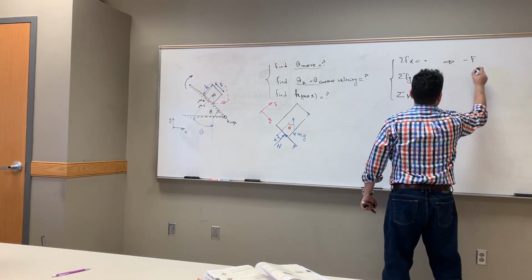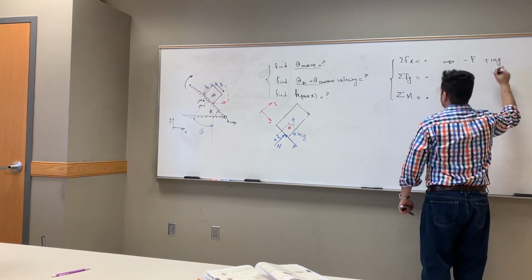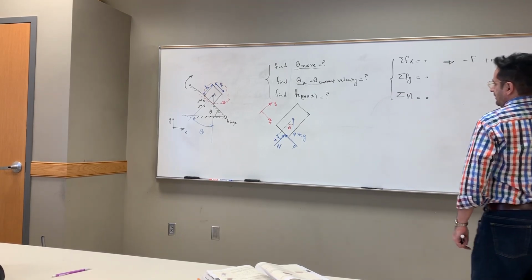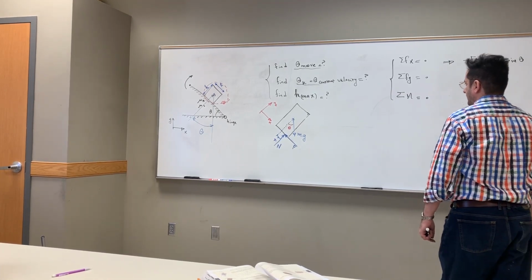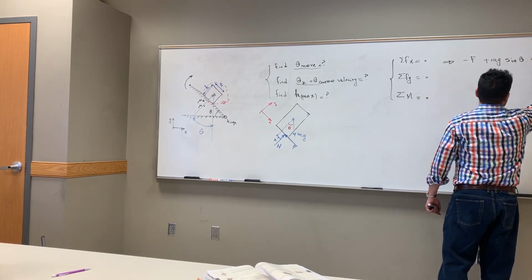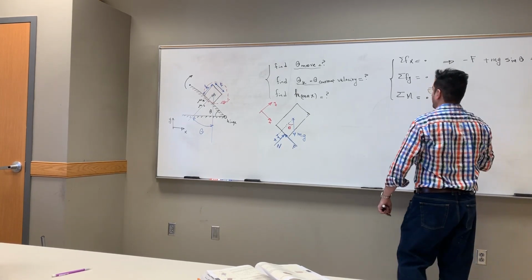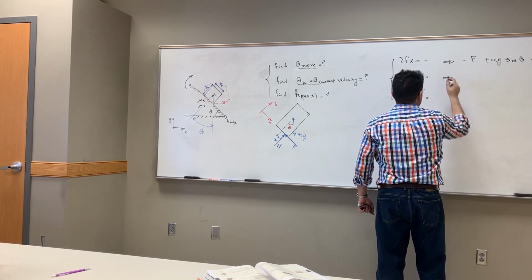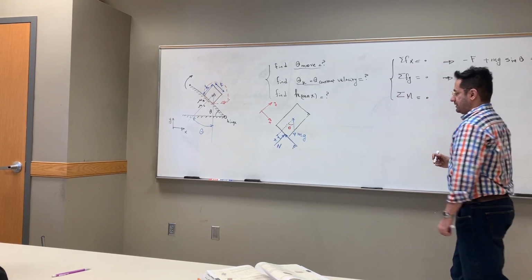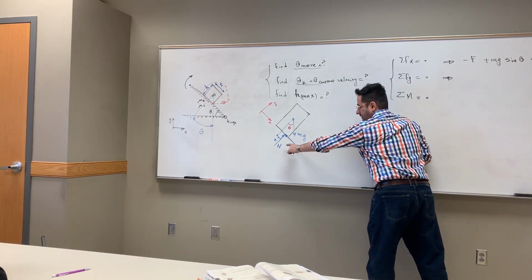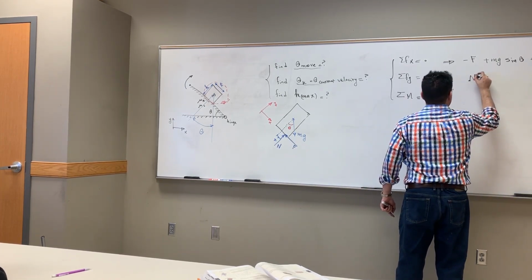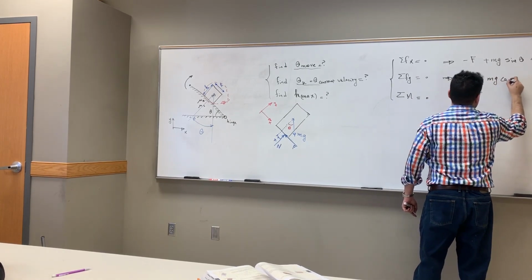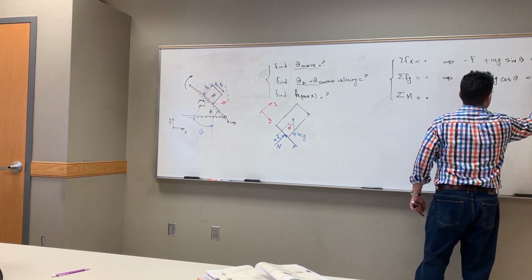Plus mg sine theta. What else? That's all. 0. The second equation, in the y direction. This one, 0. The second one, positive N, negative mg cosine theta is equal to 0.